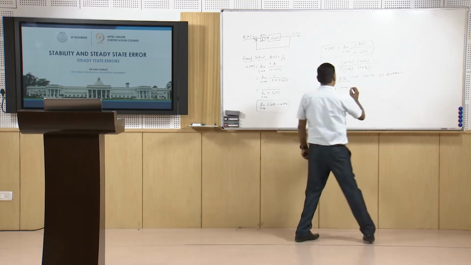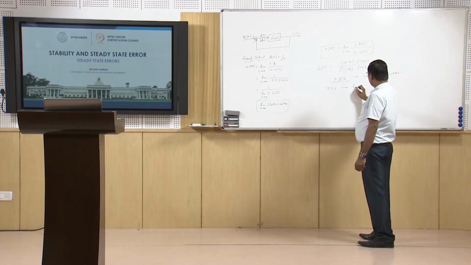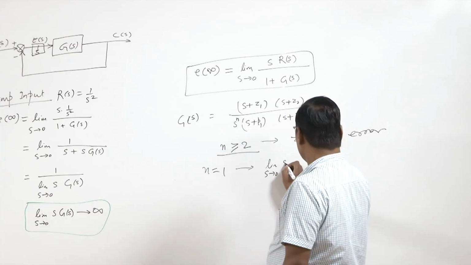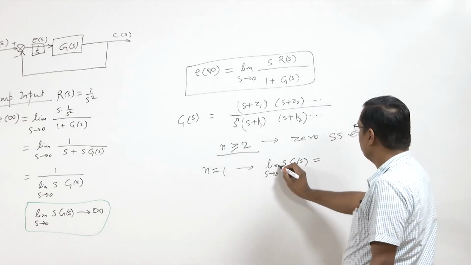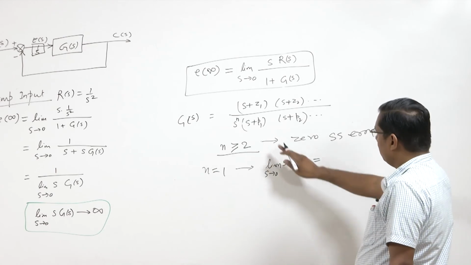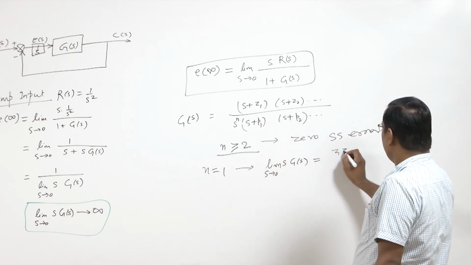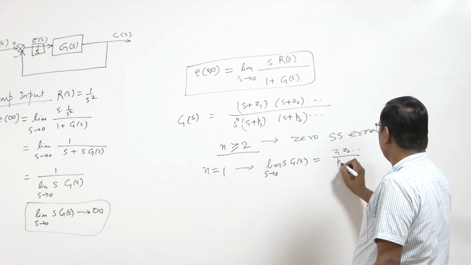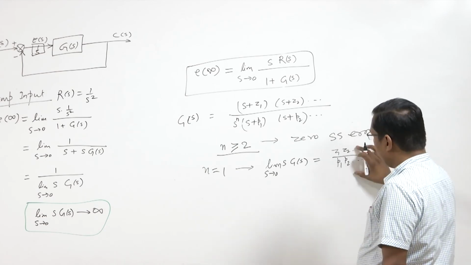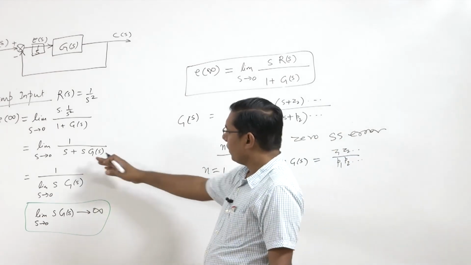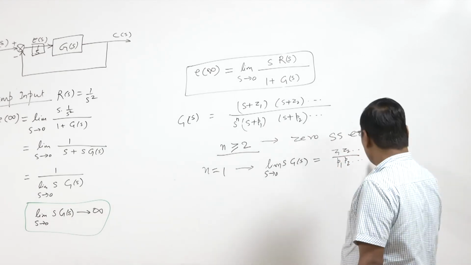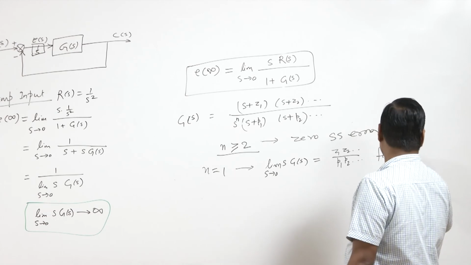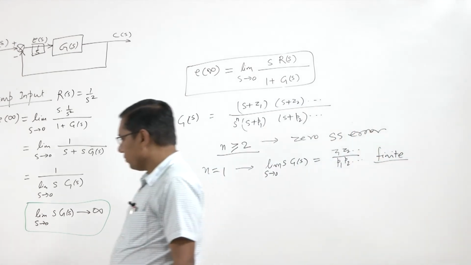So the limit s tends to 0 of sG(s) will be equal to z1 z2 z3 upon p1 p2 p3, and then we will get steady state error as p1 p2 p3 upon z1 z2 z3. So this is a finite steady state error.